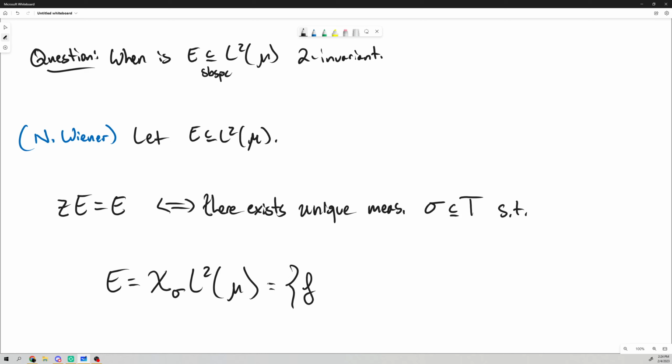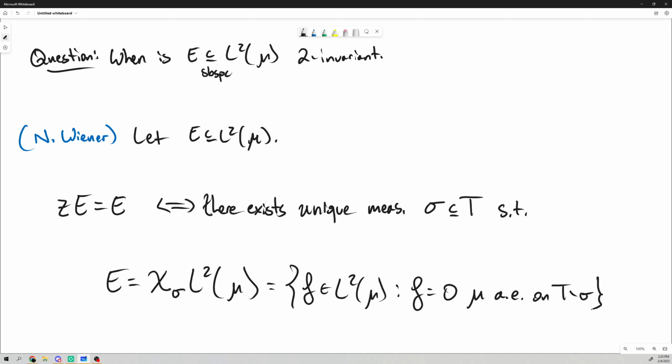We define this to be the set of F in L2 mu such that F is equal to 0, mu almost everywhere on T minus sigma. That's what I mean by the characteristic function. I can replace that with any set, but in this case, this is what the characteristic function means. It's a set of functions that are 0 on the complement.